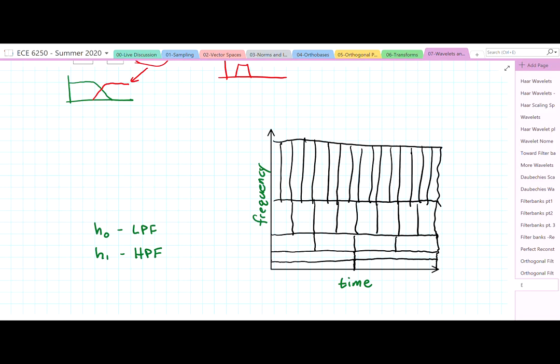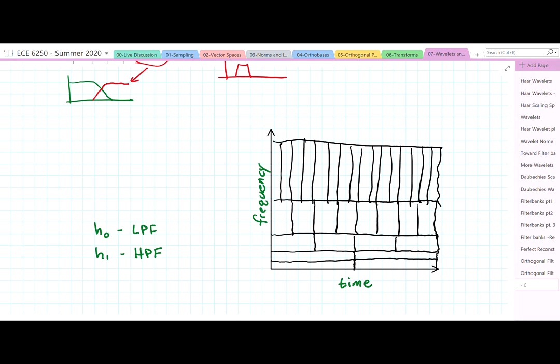So we call this the time frequency tiling. And when you look at a Fourier representation, the time frequency tiling is made up of squares or rectangles of all the same size. But with wavelets, they differ in size according to the frequency. And one beautiful thing about this is actually closely related to what the ear does.